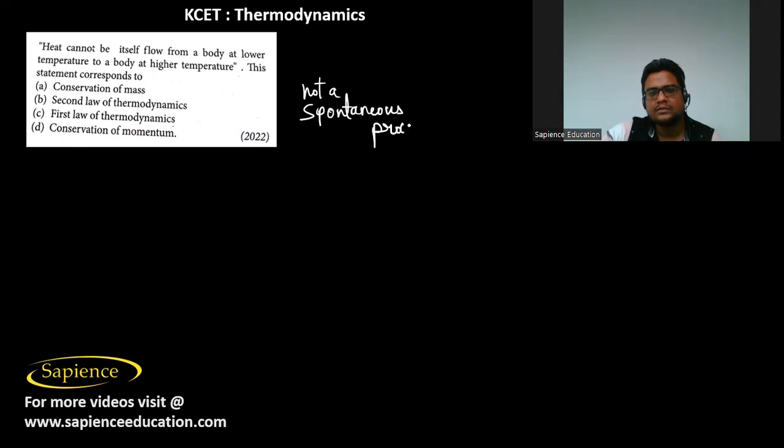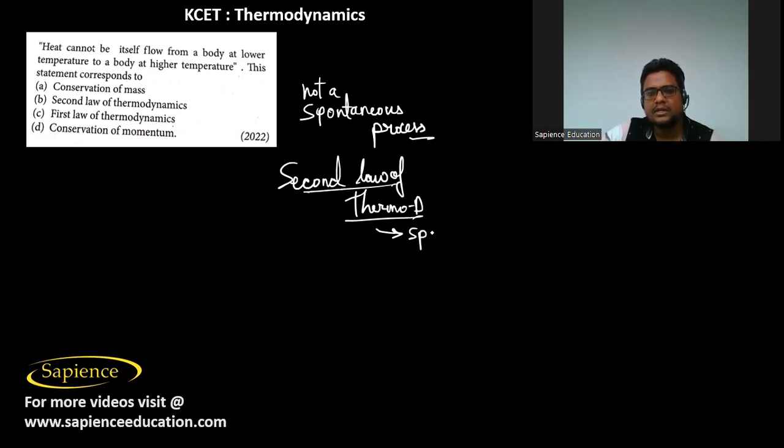So which process will be spontaneous and which process will be non-spontaneous has been explained only in the second law of thermodynamics. Only in the second law of thermodynamics, the spontaneity of a process has been explained.